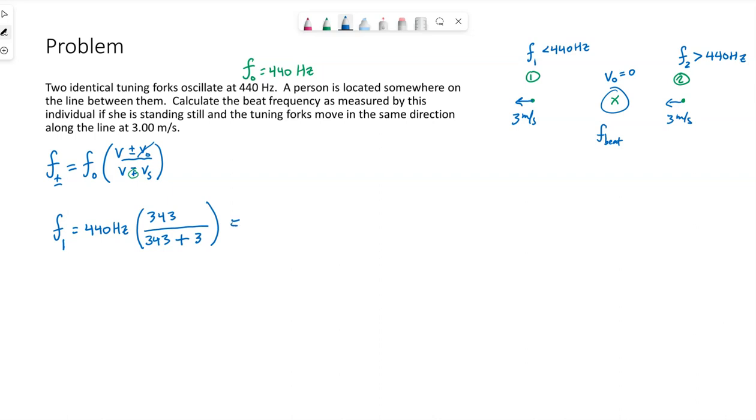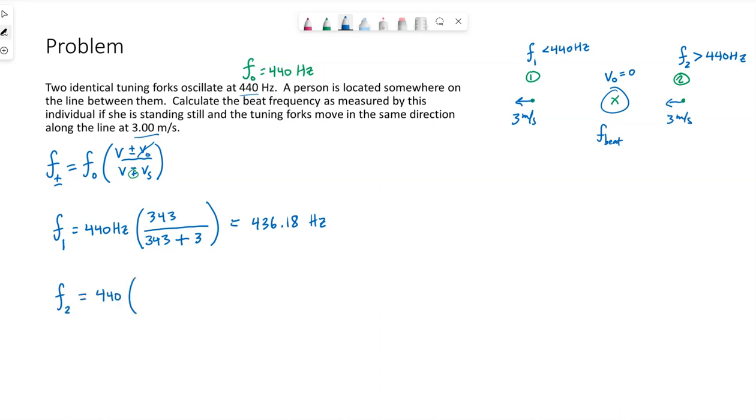So as this person that's holding tuning fork 1 is walking away, we will hear a frequency of 436. I'm going to keep a couple digits here since I'm going to round to 3 sig figs. I want to keep more than 3 in my intermediate steps. So 436 is what we hear as the person walks away.